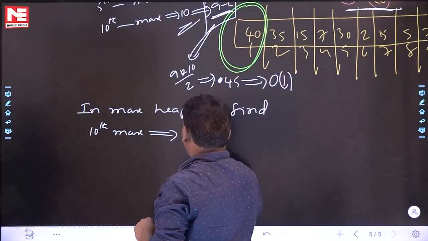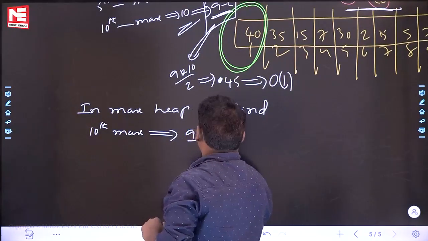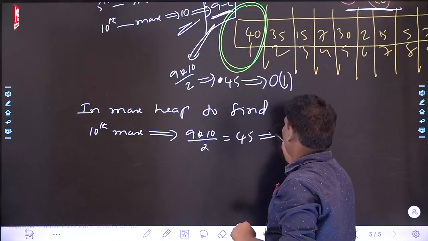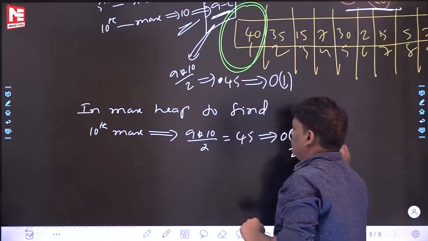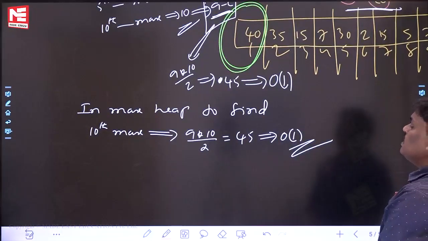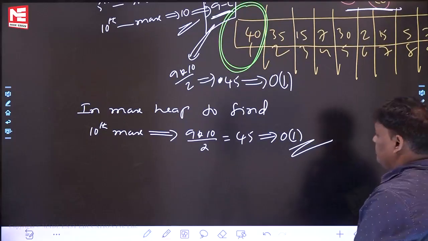Sum of 9 natural numbers, 9 into 10 by 2, 90 by 2, 45, which is going to be constant. Just remember, in a max heap to find the 10th maximum, this many comparisons are required, because you have to do it from the start. That is what people are missing. In a max heap to find the 10th maximum, this many comparisons are required, constant time.